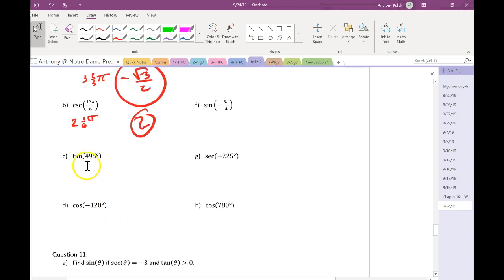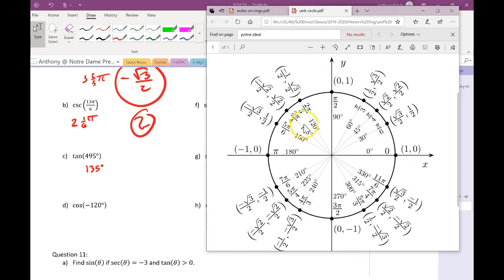Tangent of 495. Well, I know that 495 is not an angle on my unit circle. So I'm just going to find something coterminal to that. To do that, I'll just subtract 360 until I get something between 0 and 360. So if I subtract 360 from this, I get 135. So that's actually the angle that I'm interested in. So 135 is here.